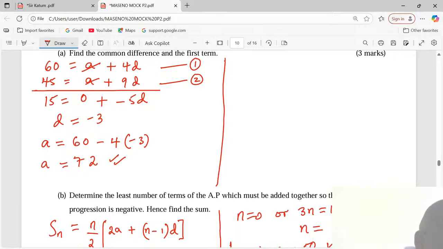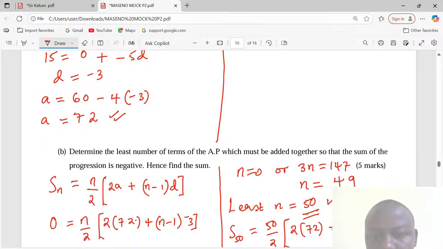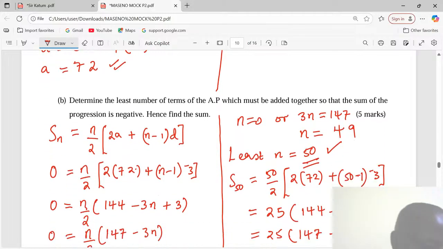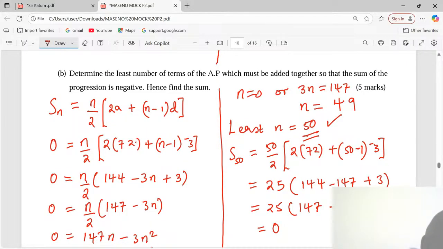Okay, so does it mean I did the wrong sum? Can we repeat it? We are together on the 50 terms.